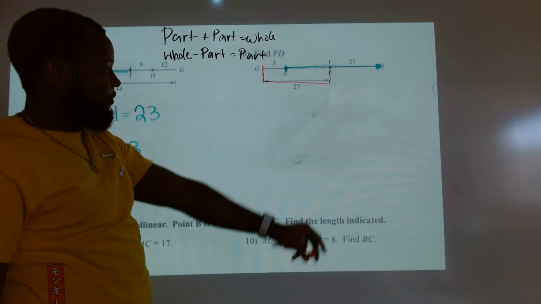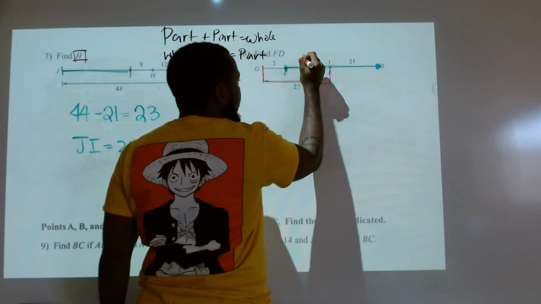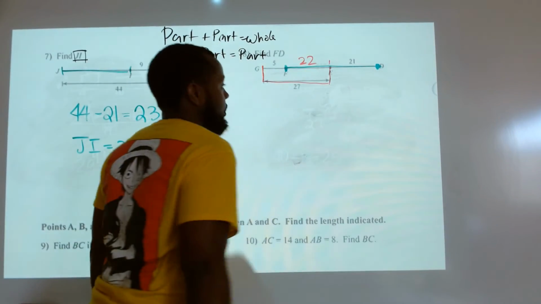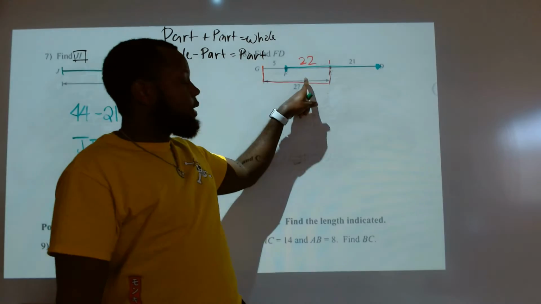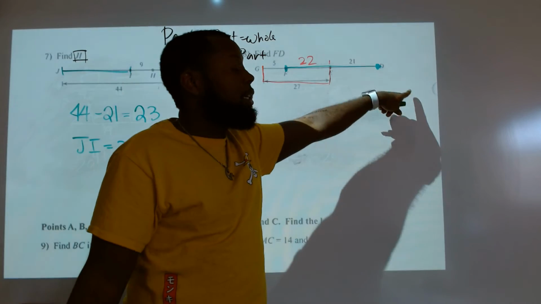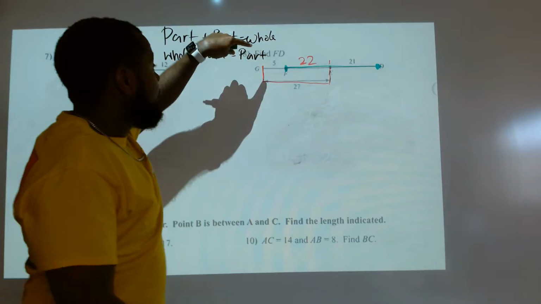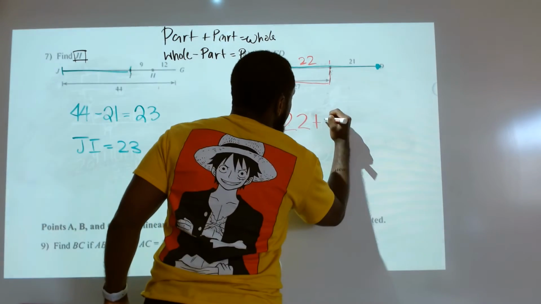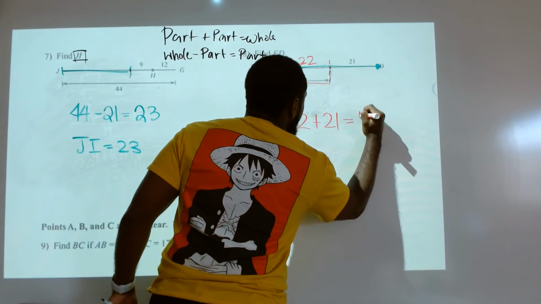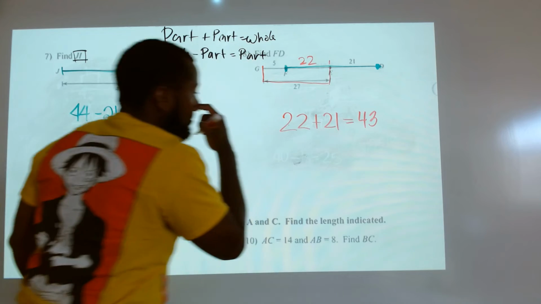If part of it is 5, 27 minus 5 will give me 22, right? So from F to E, that's 22. From E to D, 21. So to go from F to D, that's 22 plus 21. That will give you 43.